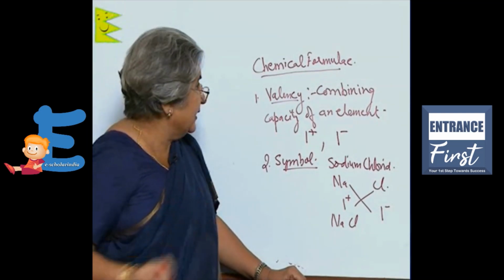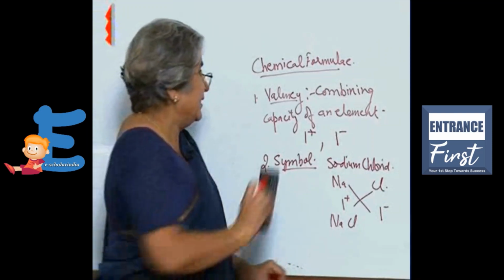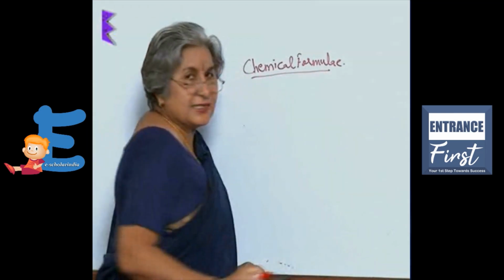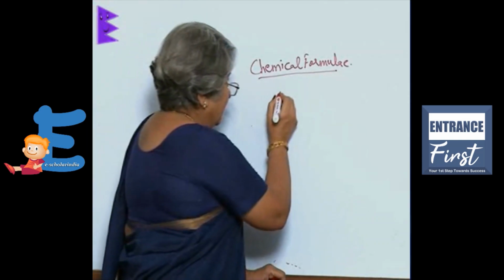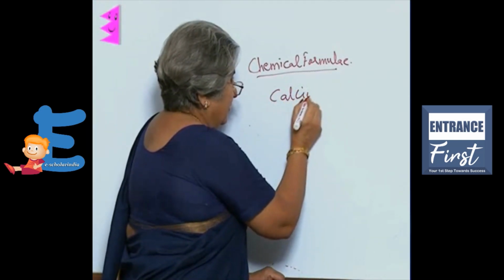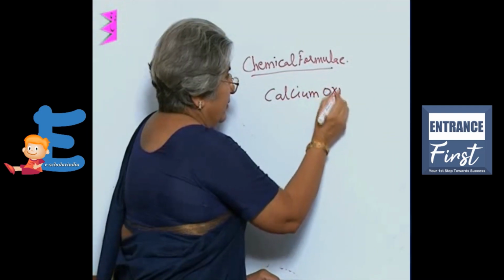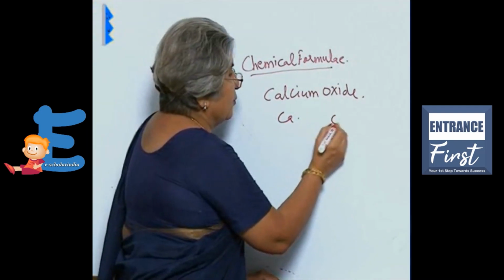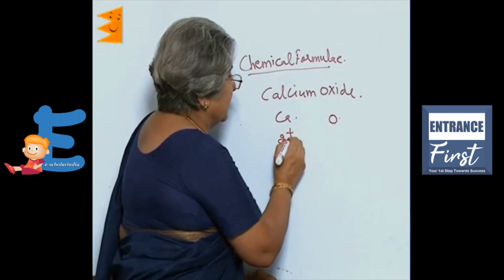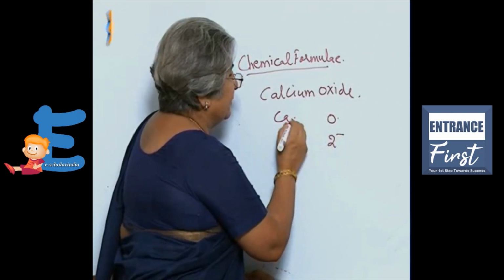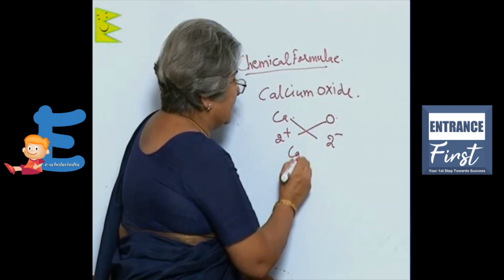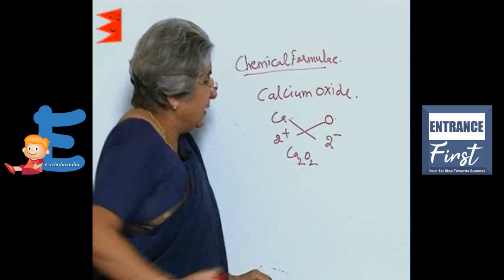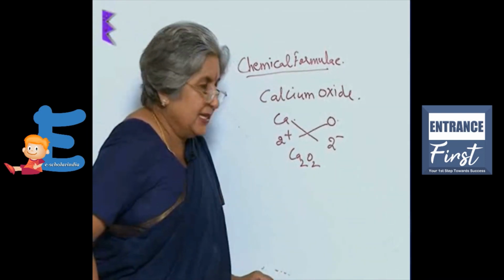For example, in case of calcium oxide, the symbol of calcium is Ca, oxygen is O, this is 2 positive, this is 2 negative, so when we crisscross it becomes Ca2O2, but because both are equal, we write it as CaO.